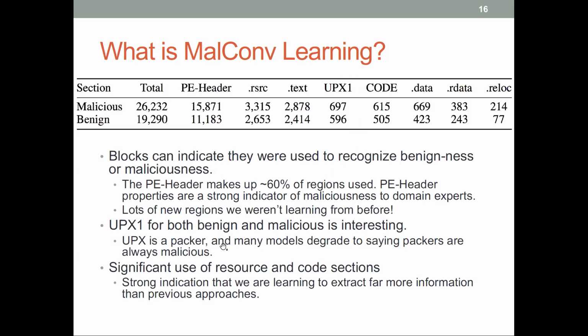One thing they note is that a lot of the current state of the art see the use of UPX as a sign of the binary being malware. However, non-malware binaries may have also used UPX as a packer. So UPX can be a misleading feature, and they claim that these numbers show that MalConv is not putting that much importance on this particular feature.